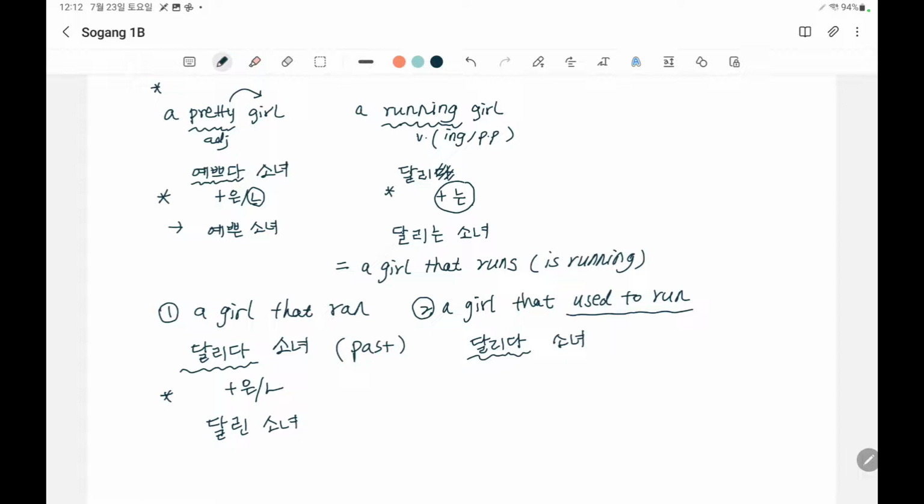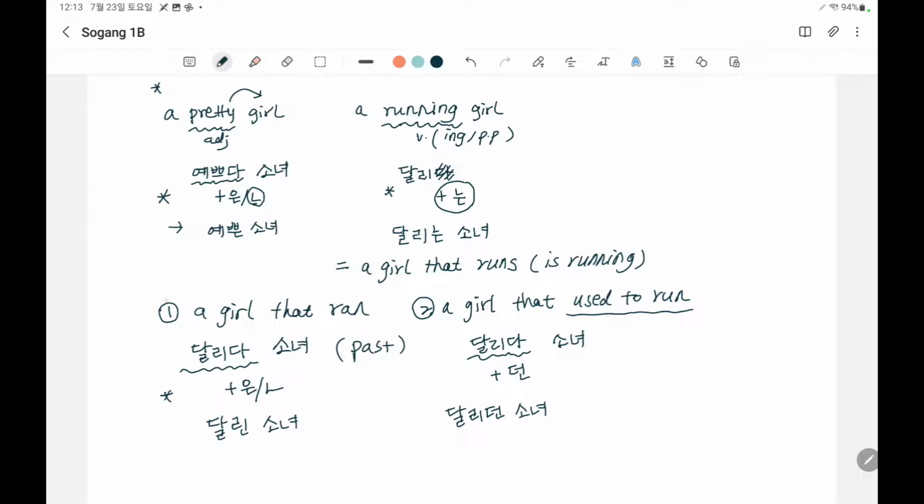And in this case, we have to say 던. Regardless of 받침. So if you say 달리던 소녀, the girl who was running by then, or the girl who used to run by then, but now I don't have any information whether she runs or not. Okay? So this is an extra information.